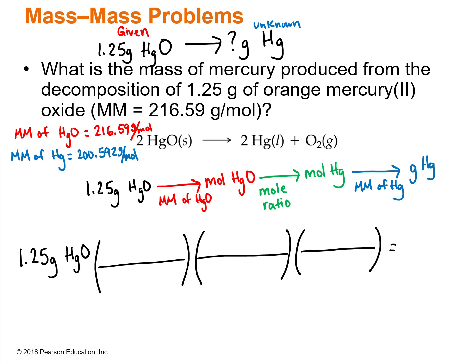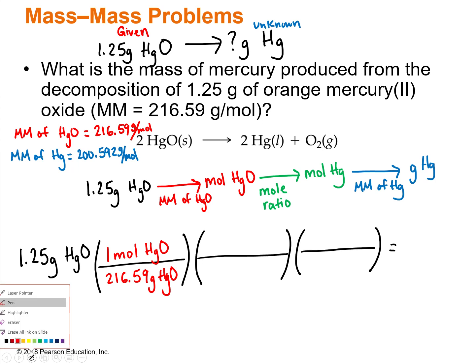We're going to do the same thing that we did on the last slide with our generic plan, but we're going to fill in the numbers. That will get us to moles.